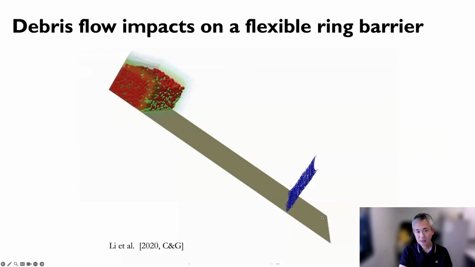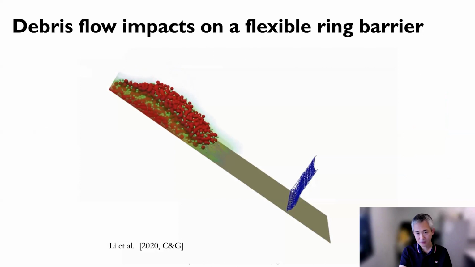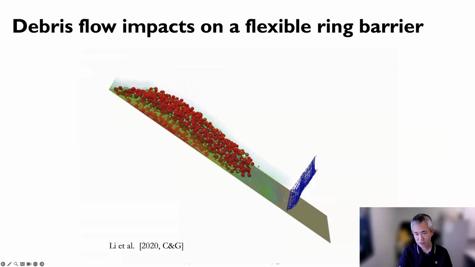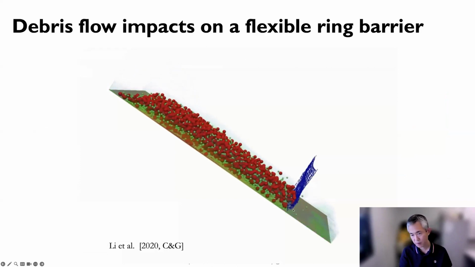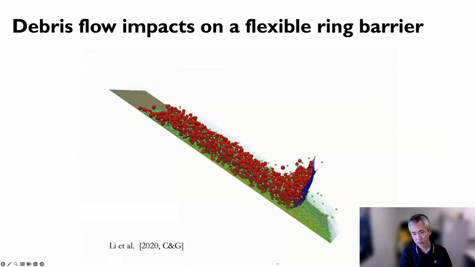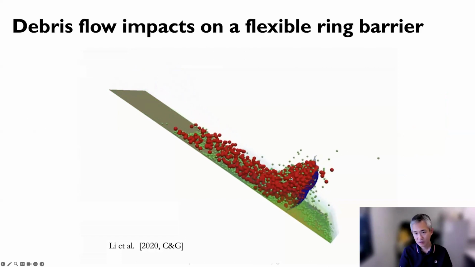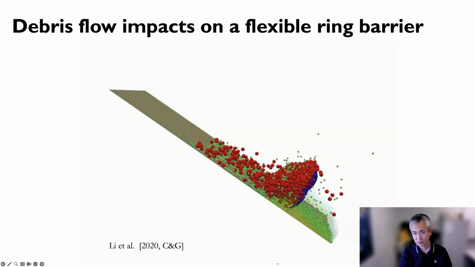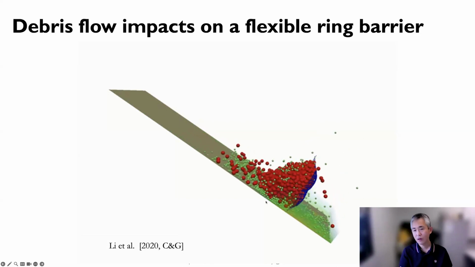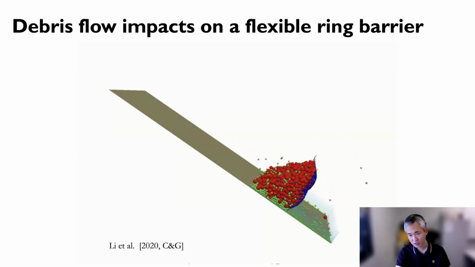In this simulation, the flow impacts the barrier, and the water and fine particles can go straight through, while the coarse particles are intercepted. Some can bounce out, but with accumulation, a majority of the debris particles will be retained by this ring net barrier.